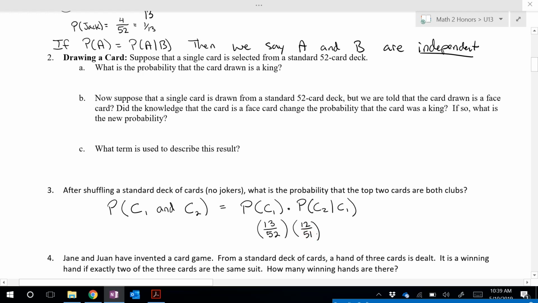Okay. You see what I'm doing now? So now I'm reducing this. I could divide by 13 and get 1/4. I could divide by 4 and get 3 here. I could divide by 3 and get 1 out of what? What's 51 divided by 3? Is it 17? So 1 out of 17.